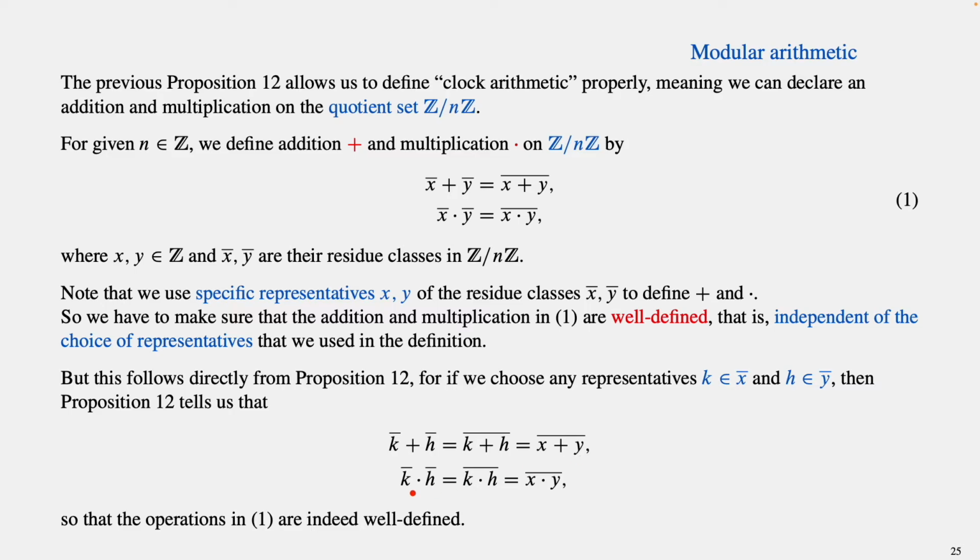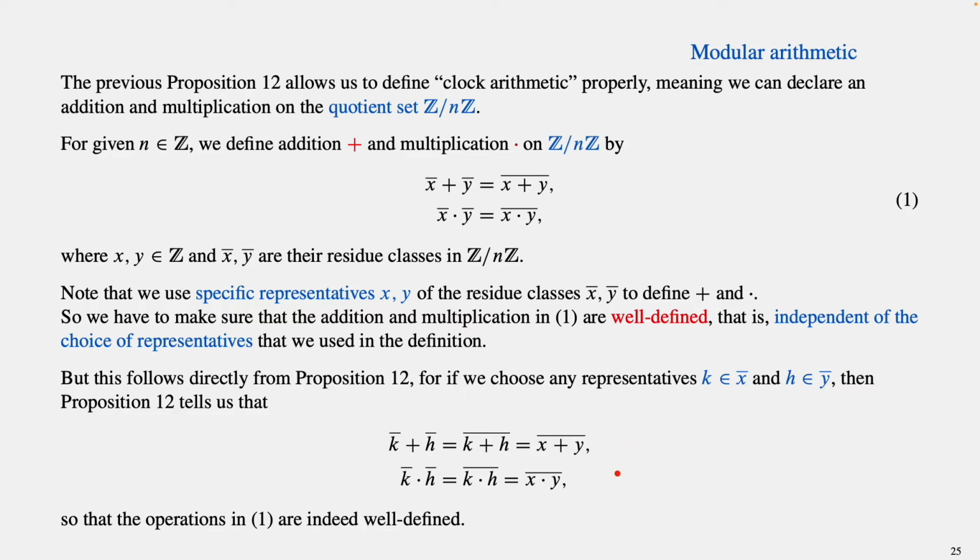And the same holds for the multiplication, again because of proposition 12. So here, this equality holds by definition. If we multiply the two classes, then by definition we multiply the representatives and then take the class of that. And again, by proposition 12, that is the same as if we do it with x and y, because k is congruent to x and h is congruent to y.